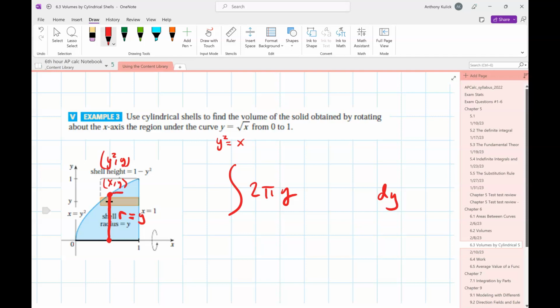So then this is going to be the height of my cylinder. Everybody's okay with that? So from here to here is 1, right? So we're going from 0 to 1.